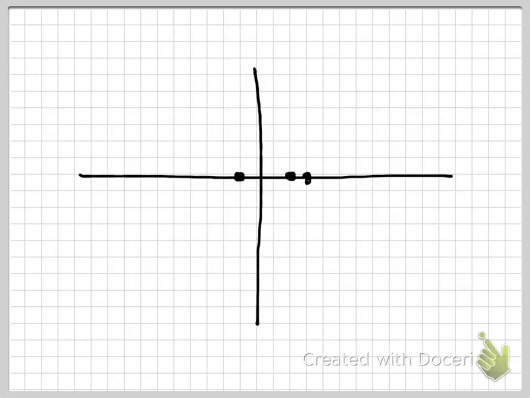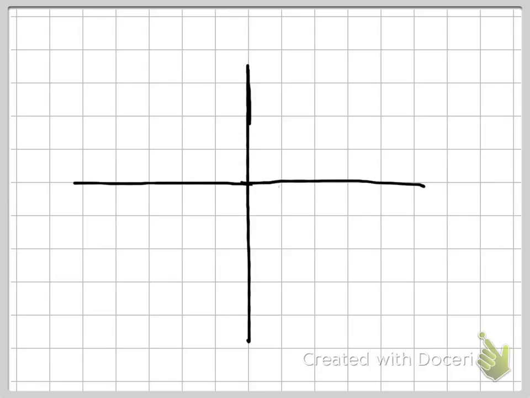I might erase this page and do a larger one, because those are so close together. Let me redo this. So now I have a 0 at -1. I have a 0 at 2. And I have a 0 at 3.